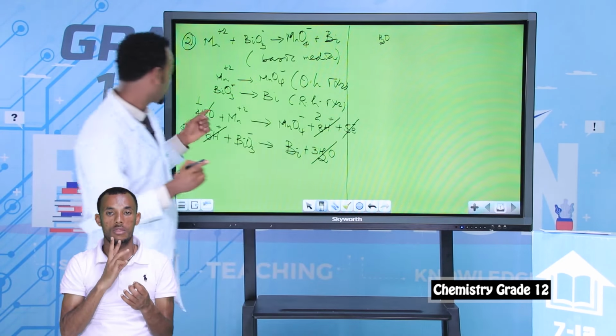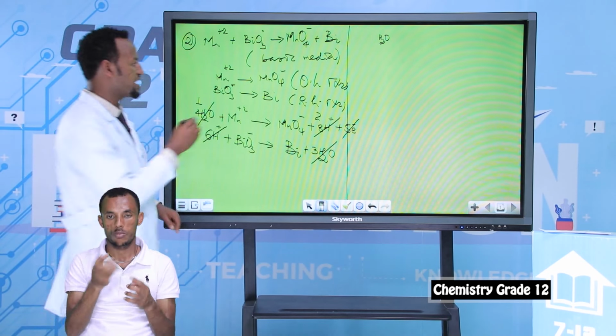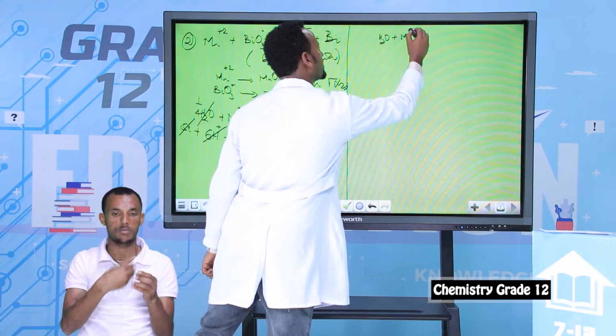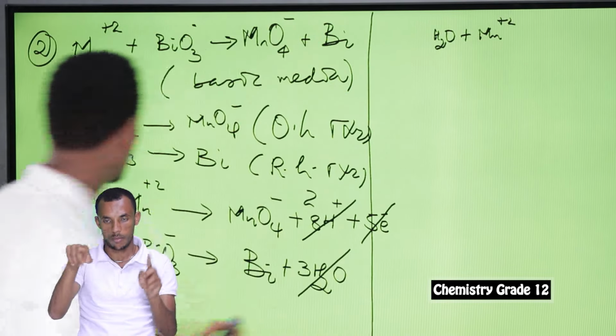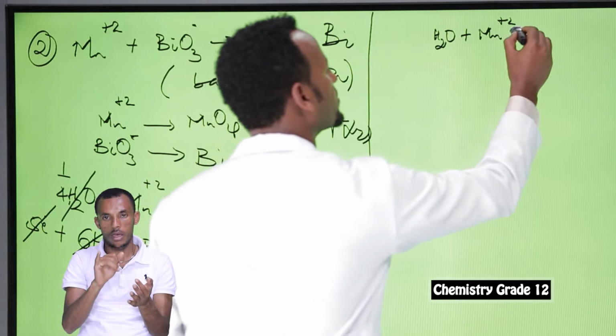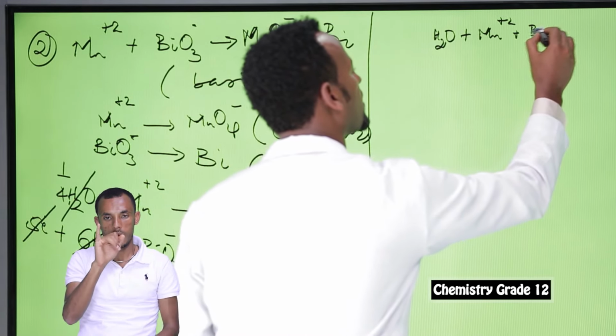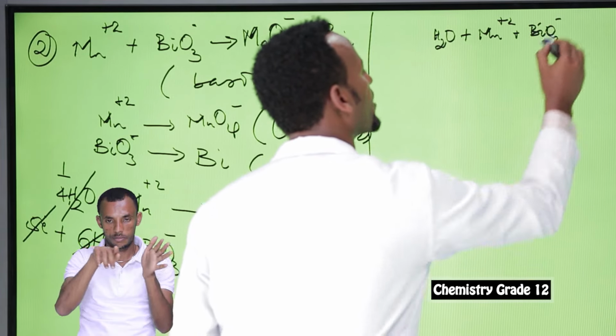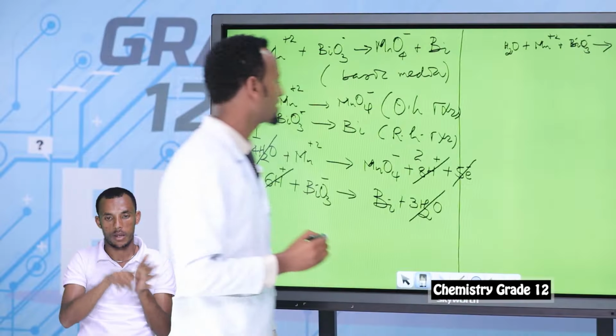Therefore, H2O, the remaining one H2O, plus Mn +2. Again in the reactant position, BiO3 minus. This is all in the reactant position.